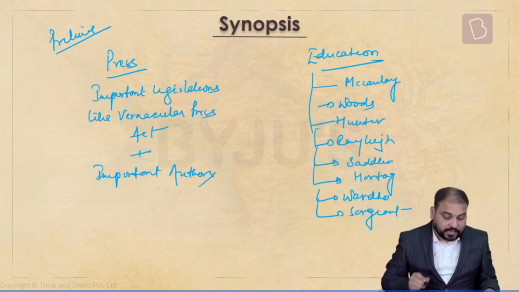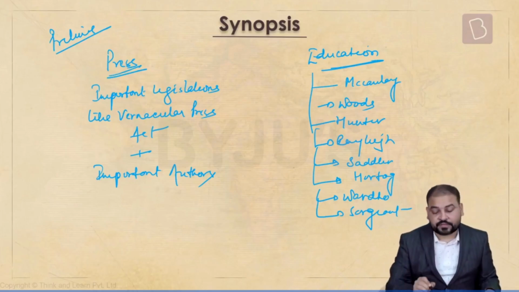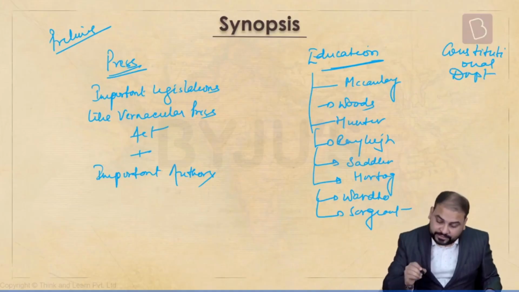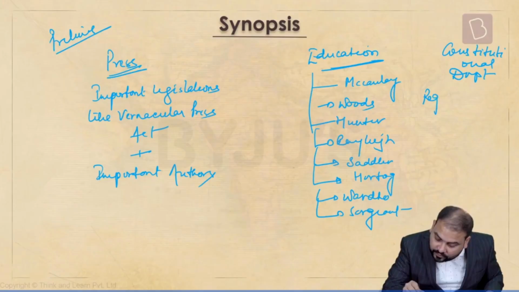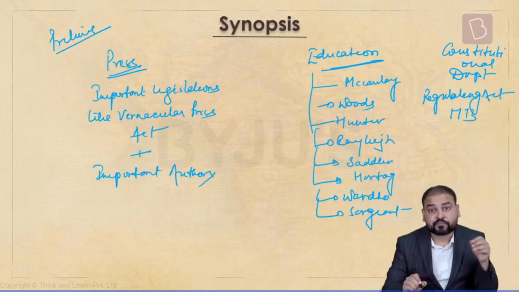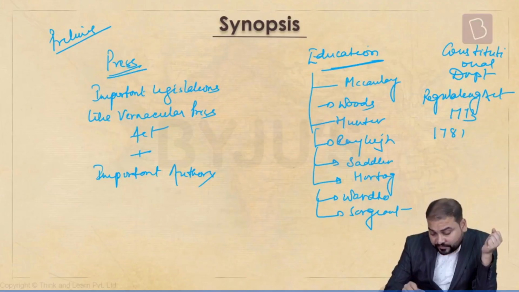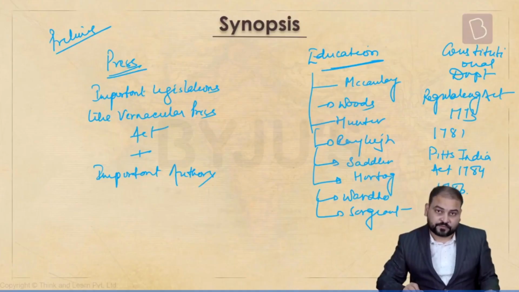And finally, apart from this, we shall see the different steps taken in the constitutional development of our country. Here we shall see the Regulating Act of 1773, then amendments to it in 1781. Then we'll look at Pitt's India Act 1784, and the amendment to it in 1786.